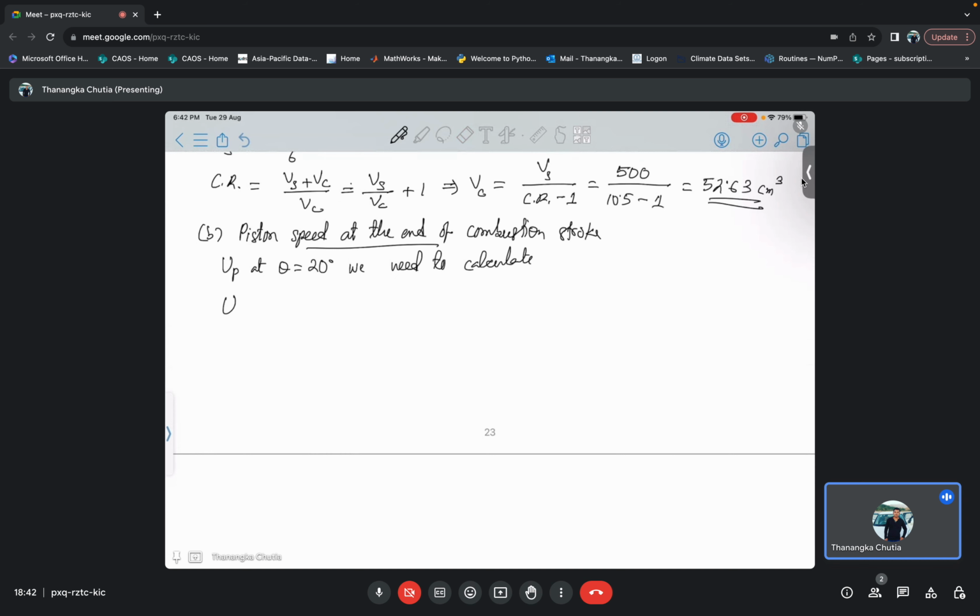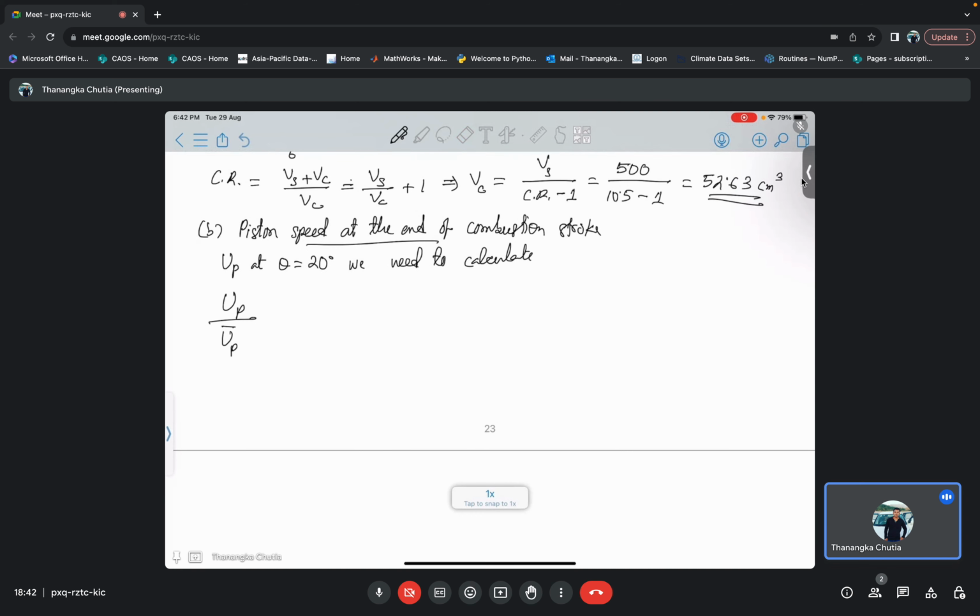For this we know that up upon up bar is equal to pi by 2 times sin theta into 1 plus cos theta divided by root over r square minus sin square theta. So for this we need to know what is up bar. Up bar is nothing but 2 into s into n. Again for this we need to know s.